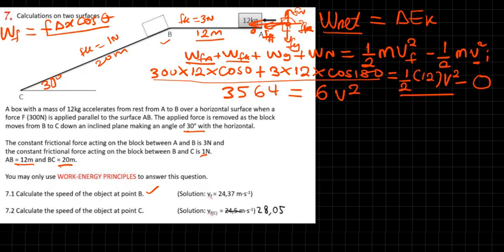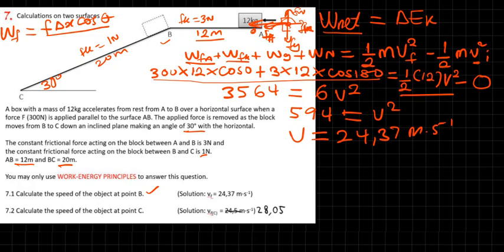So therefore I am going to divide both sides by 6 to have 594, which is equal to V squared. Then taking the square root on both sides, I am going to have my V equal to 24.37 meters per second. So that is going to be the speed of the object at point B.